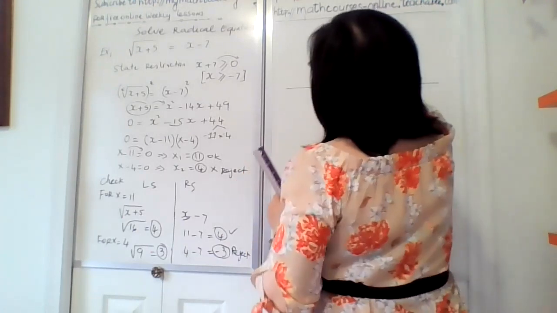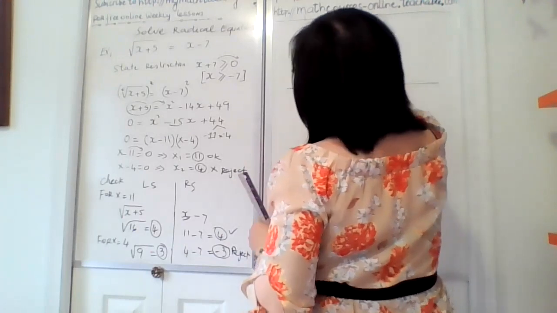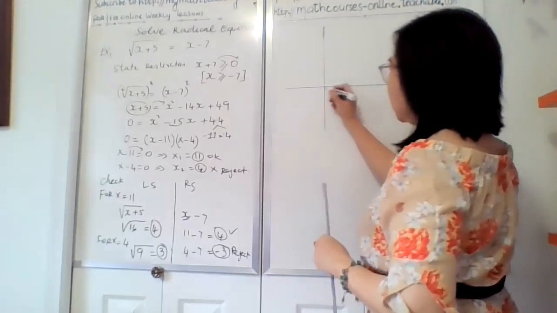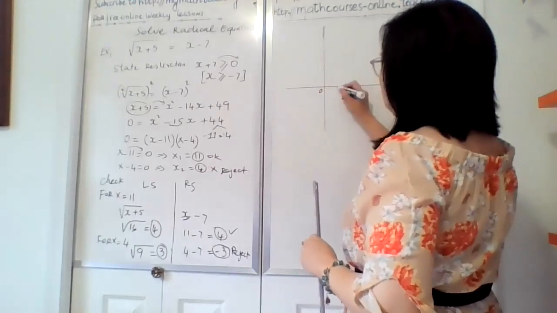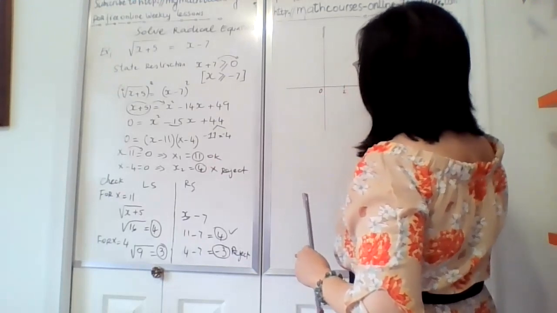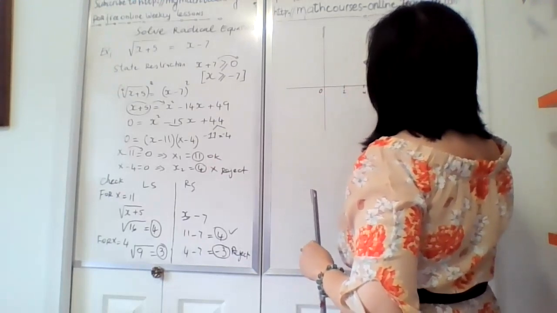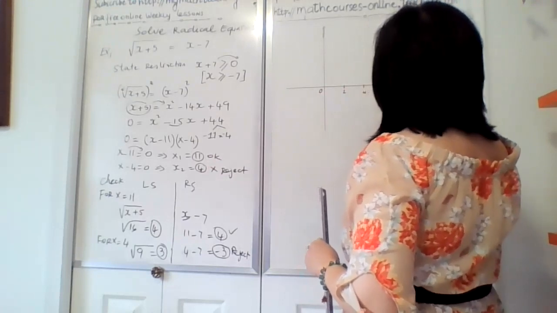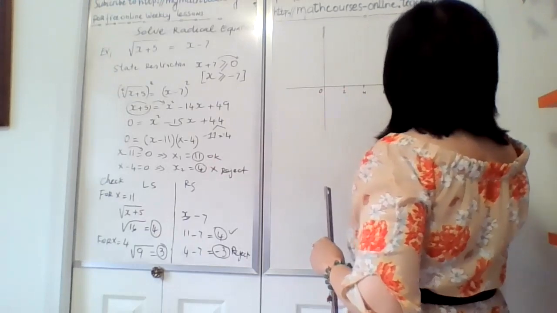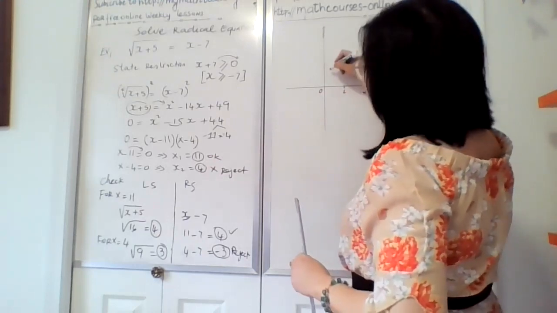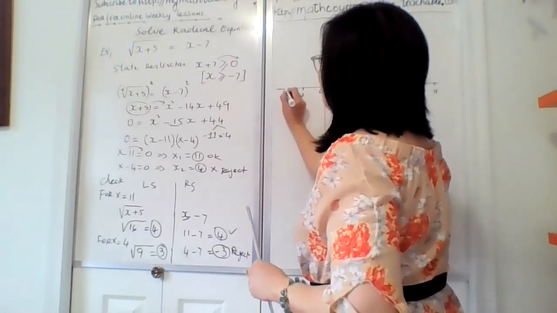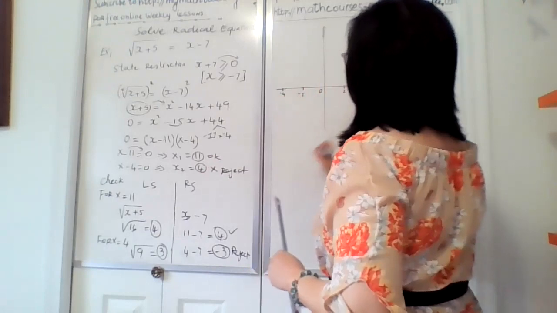And based on our radical algebra, we know our root is 11. So we might adjust the scale to follow that. So I'm going to make this 2 and 4 and 6 and 8 and 10 and 11, right there. And that would be minus 2 and minus 4, and so on.